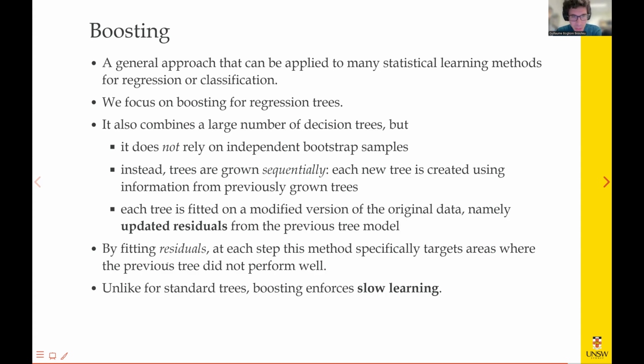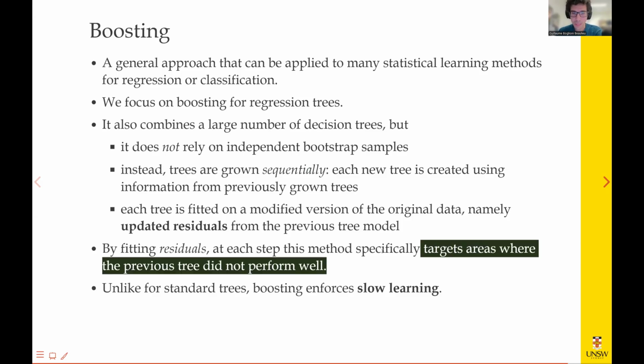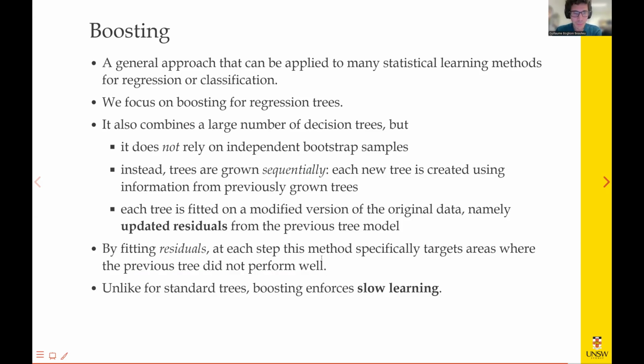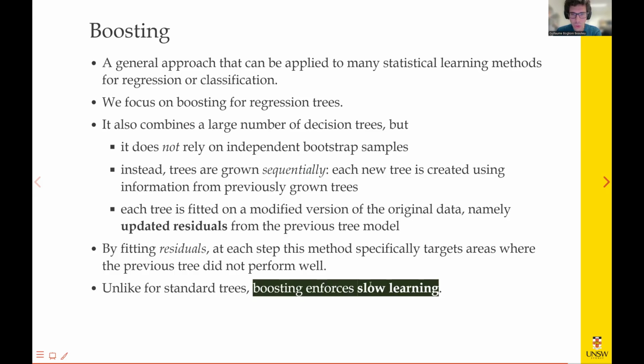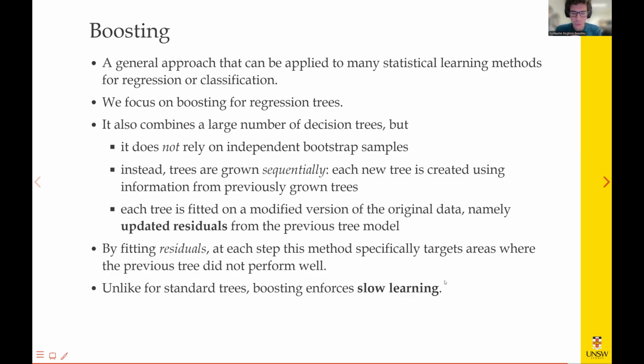Now, by fitting residuals at each step, the method specifically targets areas where the previous tree did not perform well. Yes. And unlike for standard trees, boosting enforces what you call slow learning. So yeah, that's another idea, I suppose. We will force the model to learn slowly.